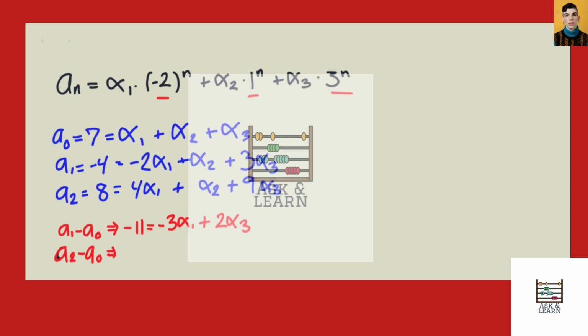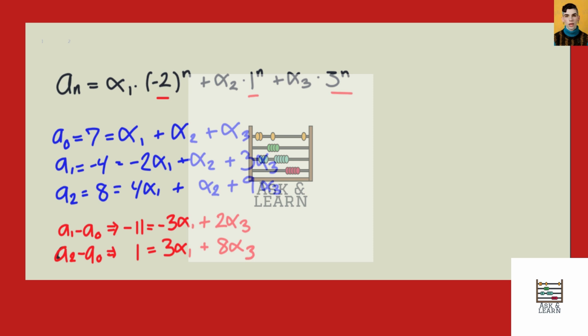And what we get there is going to be 1 is equal to 3 alpha 1 plus 8 alpha 3.